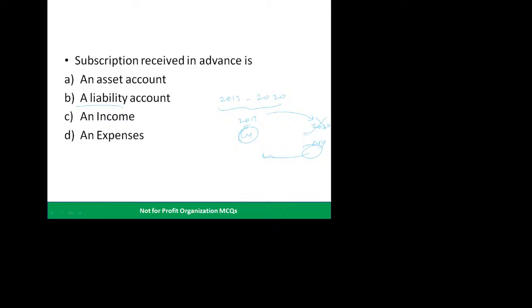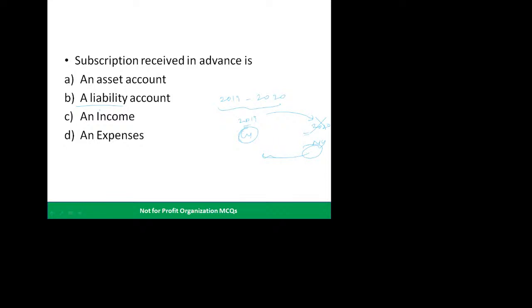Since we are not supposed to be paid once again once we have received it, like subscription received in advance, the same subscription amount will not be received again and again. So in that scenario, it will create a kind of debt. The debt is called a liability. So subscription received in advance is a liability, generally in a liability account, one which we do not receive once again and on which we are obliged to pay.